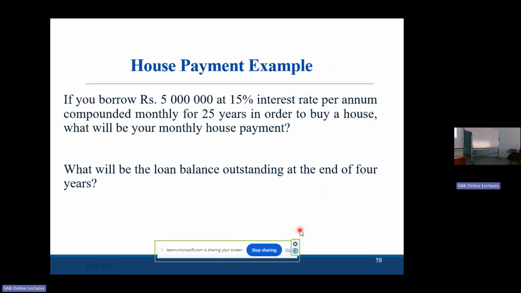Right, do it quickly. Then we can go to the amortization schedule also. What is the application here? Now we have learned everything.